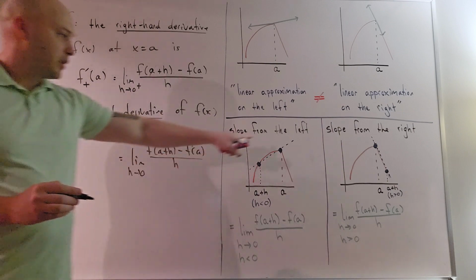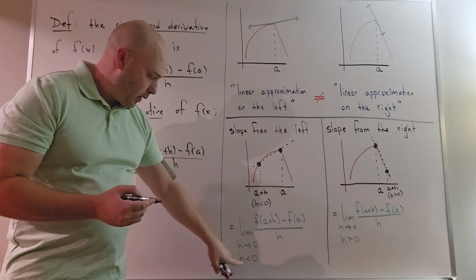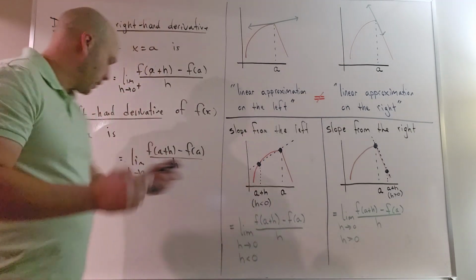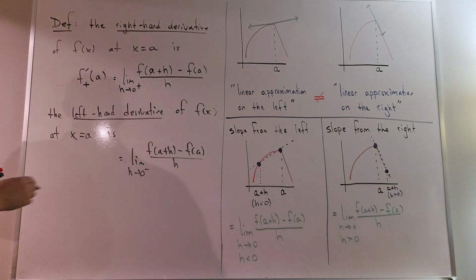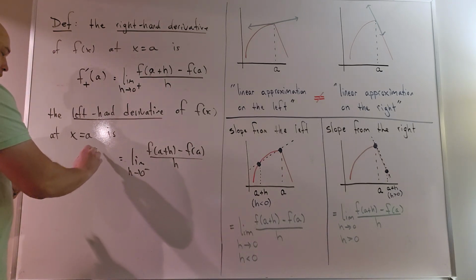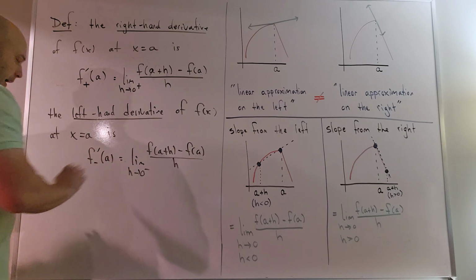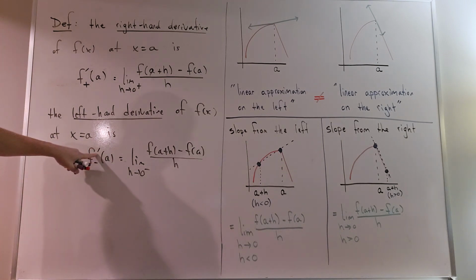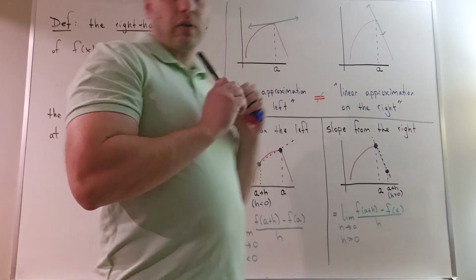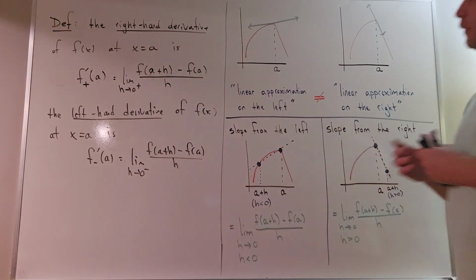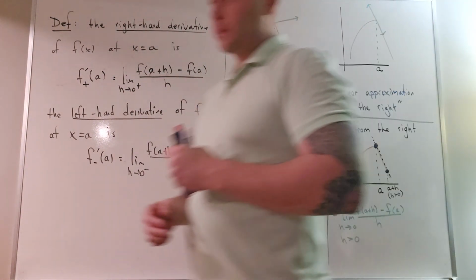But again, for the slope from the left, which is the left-hand derivative, h goes to 0, h is less than 0, so that means h goes to 0 from the left. And again, notation similar to a right-hand derivative. I just put a minus here to indicate that it's a derivative from the left. So there are the definitions for the left and the right-hand derivative. Let's look at a couple functions and compute their left and right-hand derivatives.